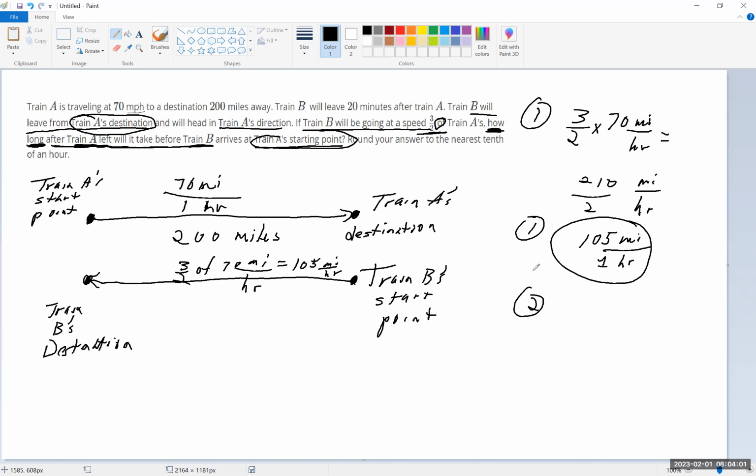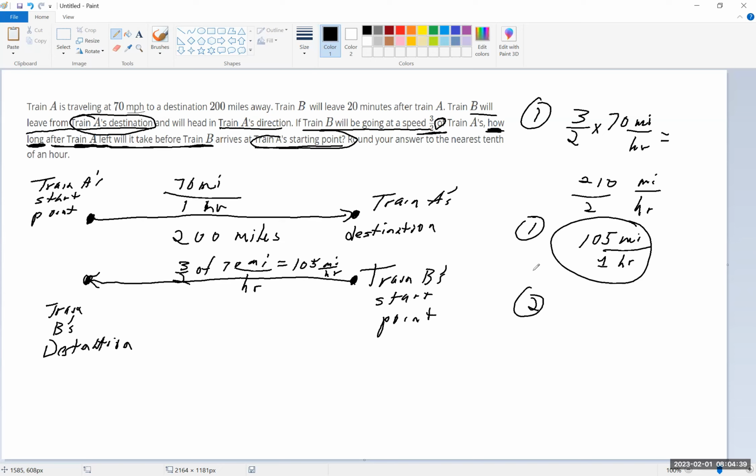And then once we figure out how long train A is traveling, we can figure out... I'm backtracking because we may not need to figure out how long train A is traveling.